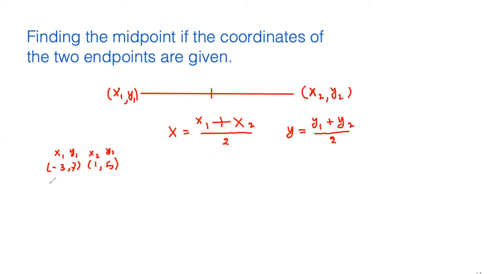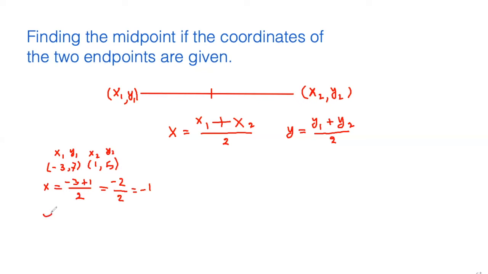So to find x from here, x equals x1 plus x2, which is -3 plus 1 divided by 2. This will give me -3 plus 1 is -2 on the top over 2. So if I divide -2 by 2, then the answer is -1.